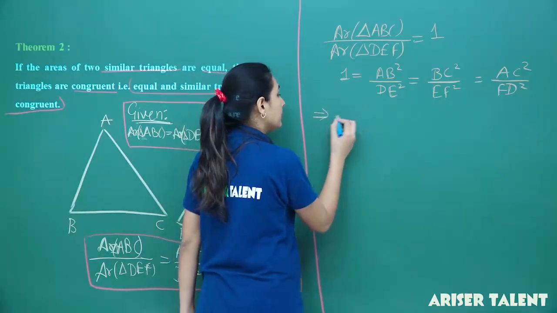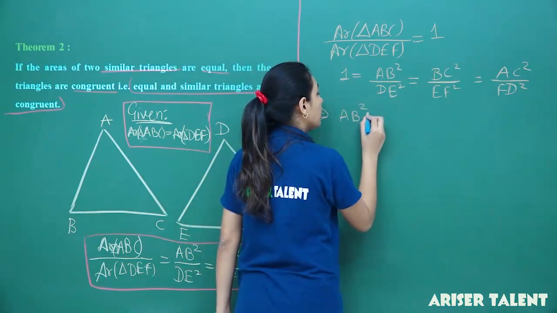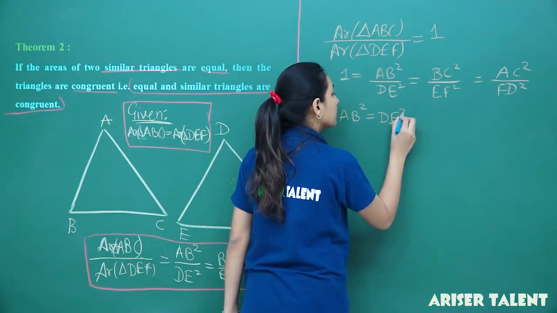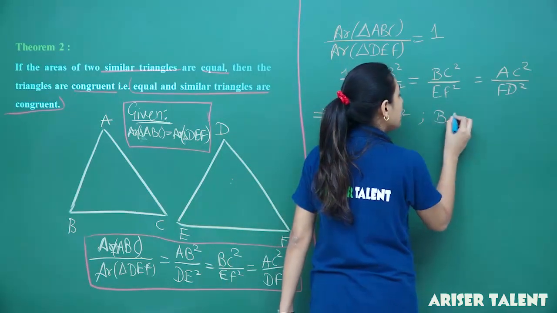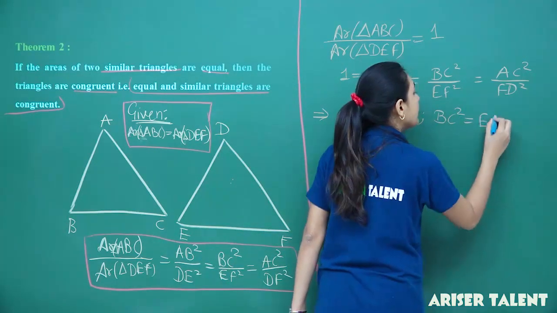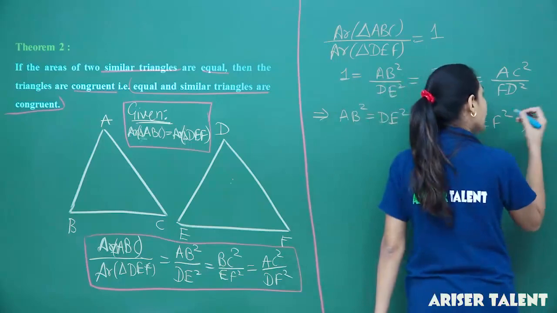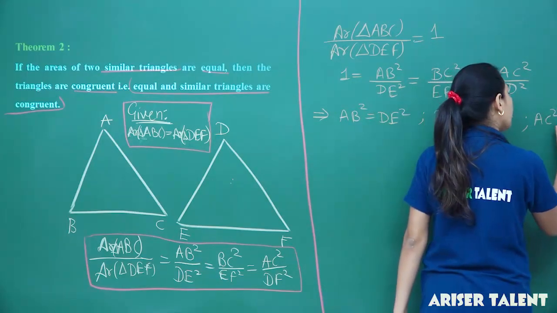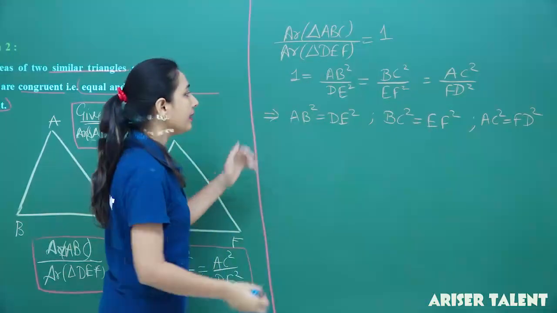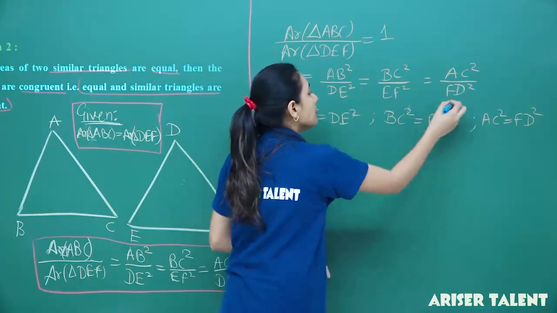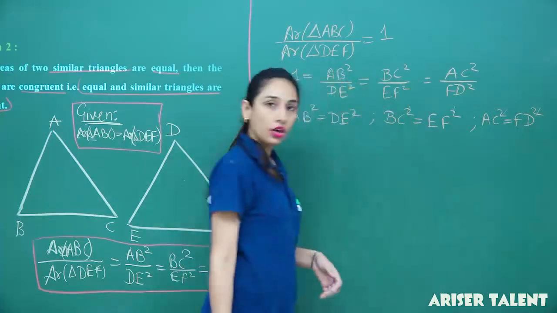Okay. So, that implies that AB square equals DE square, BC square equals EF square, and AC square equals FD square. Now it's easy, student, the squares will ultimately cancel.